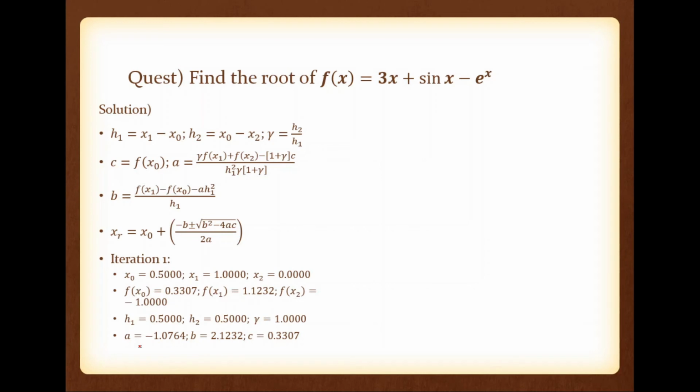We have a parabolic equation, that is a into v square plus b into v plus c. Now we can directly find the approximated root of the given function, that is x. What is x? x0 plus minus b plus or minus root of b square minus 4ac divided by 2a.